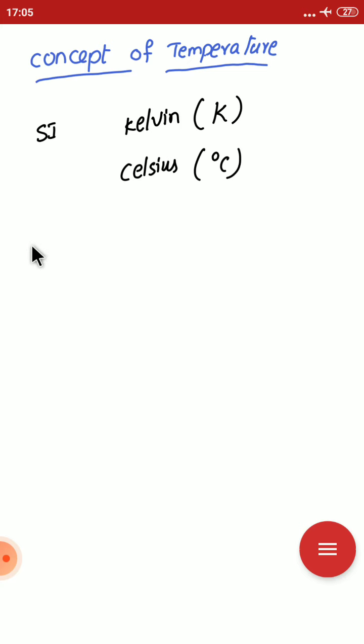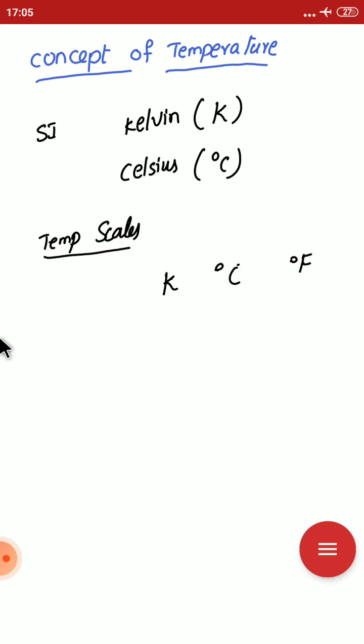When it comes to temperature scales, there are mainly three. The first one is Kelvin. Celsius is indicated in degrees centigrade. Next is the Fahrenheit scale.